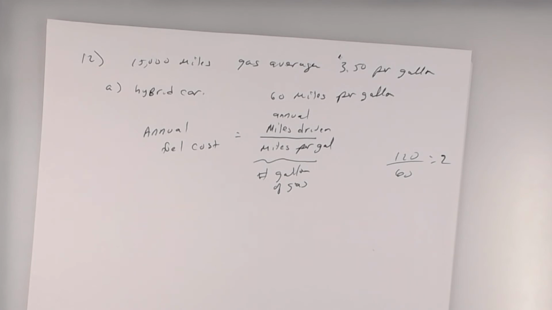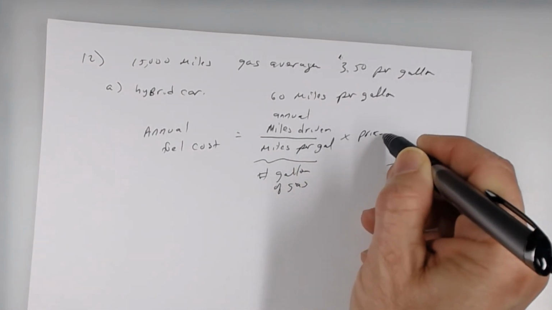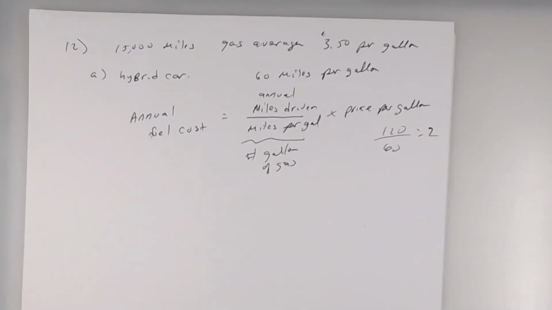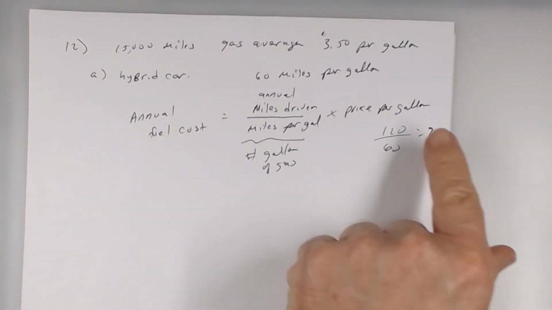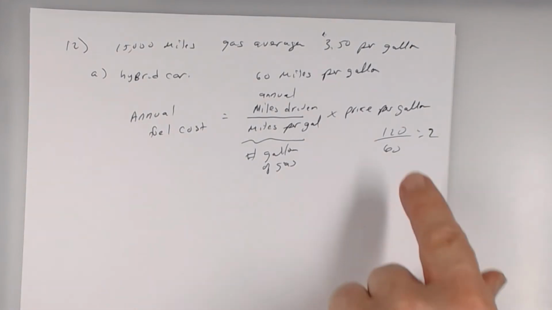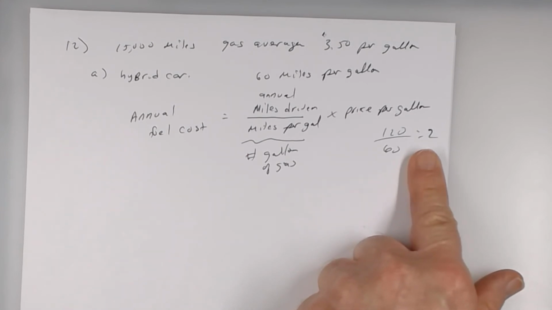But then I have to multiply by the cost per gallon. So then you're going to say times the price per gallon. In this case, if I had driven 120 miles and I divide by 60, that means 2 is how many gallons of gas I needed to drive 120 miles.